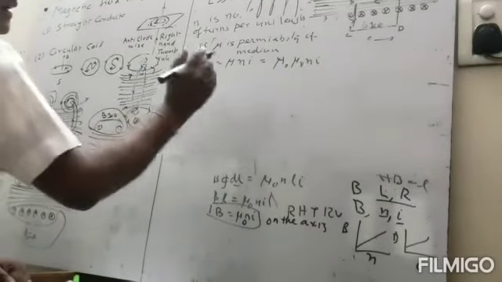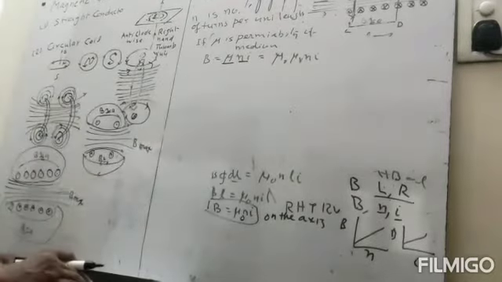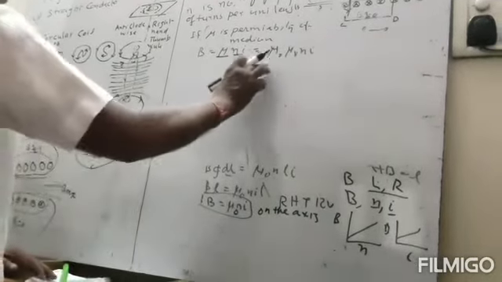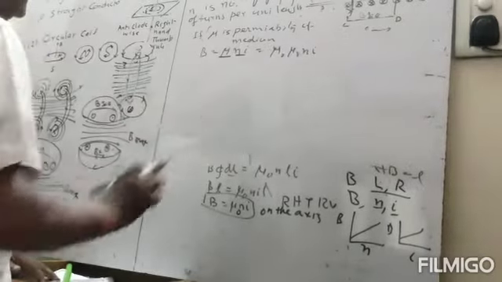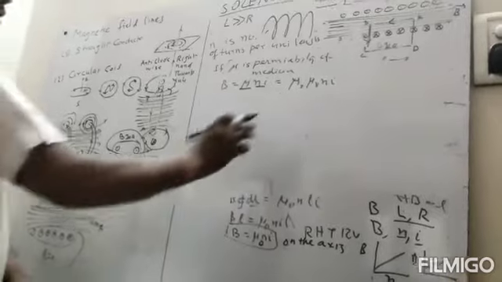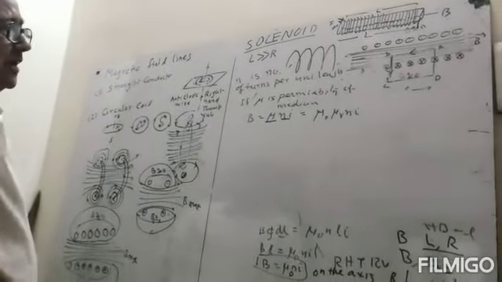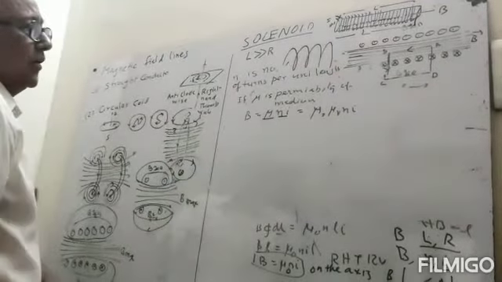Here mu R is the relative permeability, mu 0 is the permeability of free space, air or vacuum, and mu is the permeability of the medium.